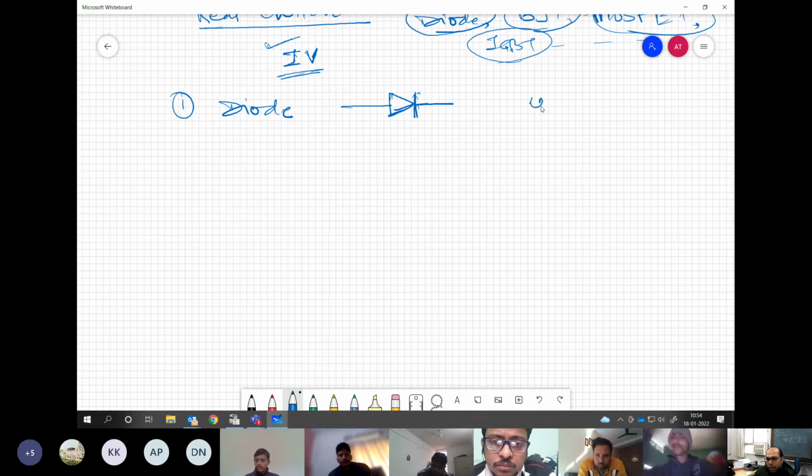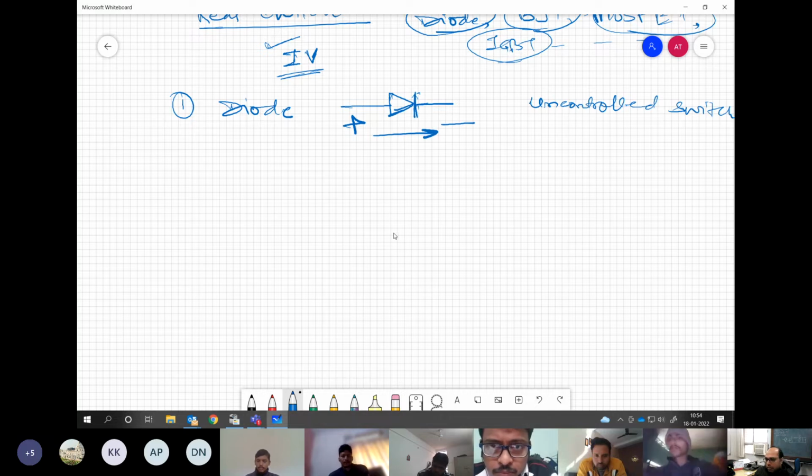So this is basically an uncontrolled switch. And we know that if it is forward biased, it will conduct the current. That's all we know, right? And if you apply a negative voltage, it will block the current.